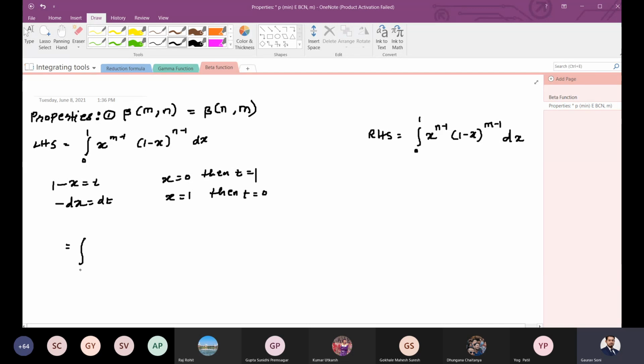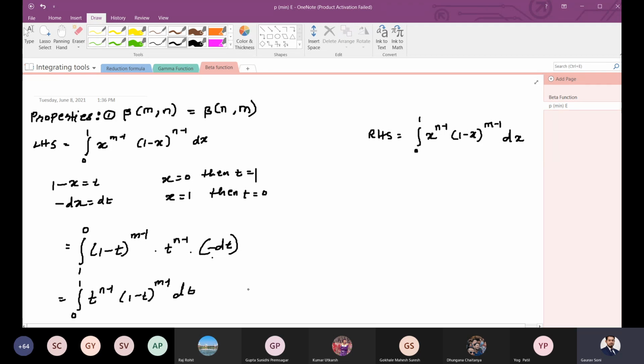What do we get? 1 to 0, the value of x is going to be 1 minus t raised to m minus 1, 1 minus x is t raised to n minus 1, and dx is minus dt. We change this minus and the limits of the integration. So this will be integration 0 to 1 t raised to n minus 1, 1 minus t raised to m minus 1 dt. You can see that if you replace t by x, what you are going to get is beta of n comma m.